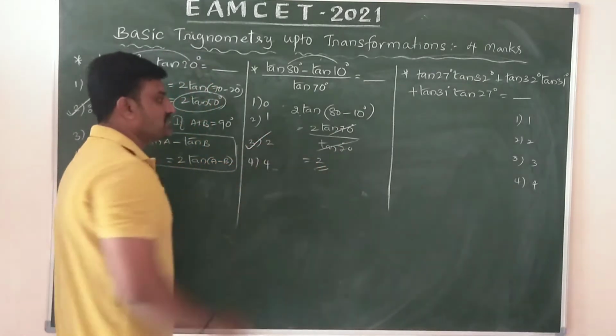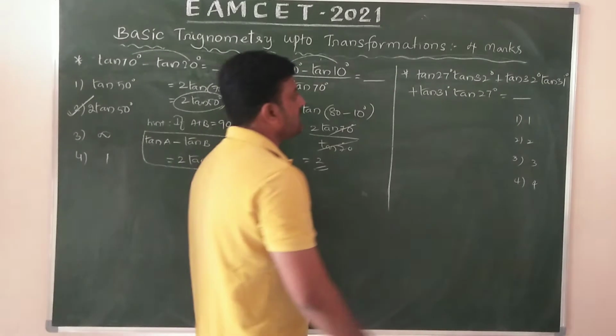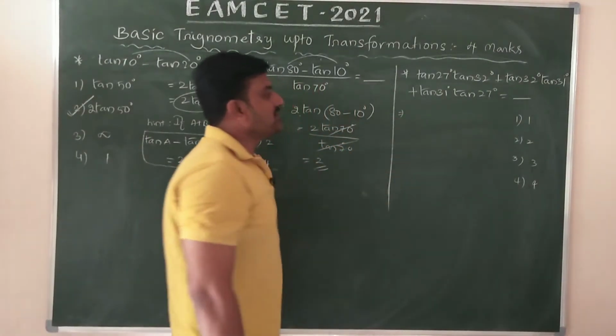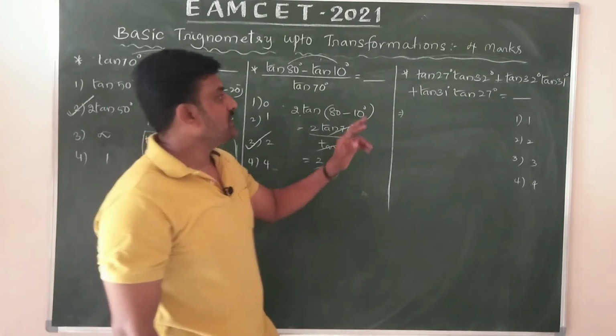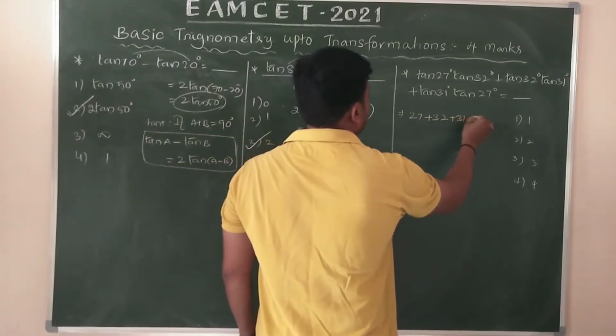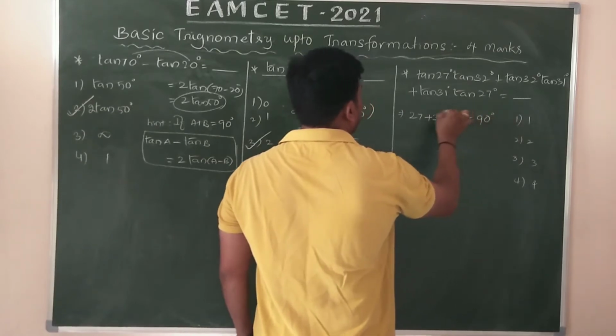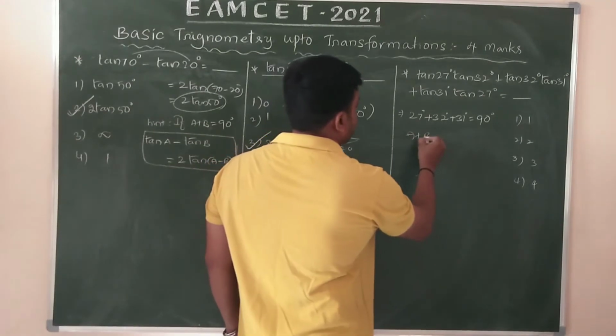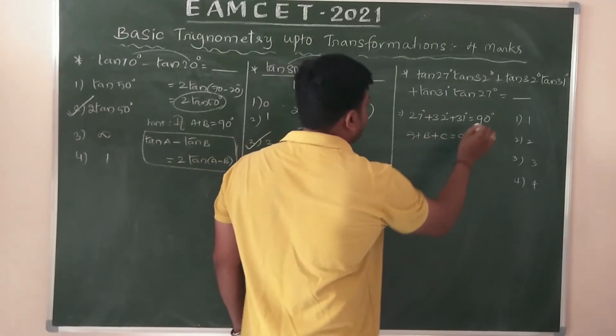Okay, option 3. Now here also we can apply one strategy. Observe here, 27 plus 32 plus 31 equals to definitely 90 degrees. That means A plus B plus C equals to 90.